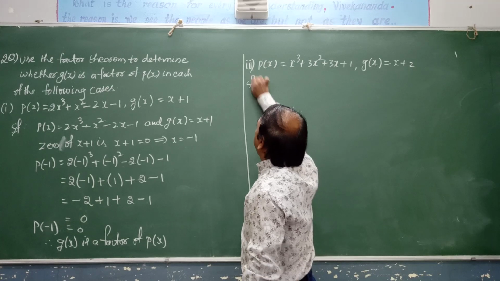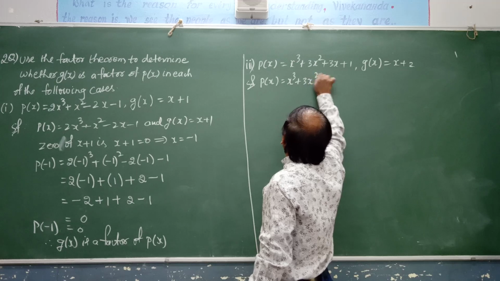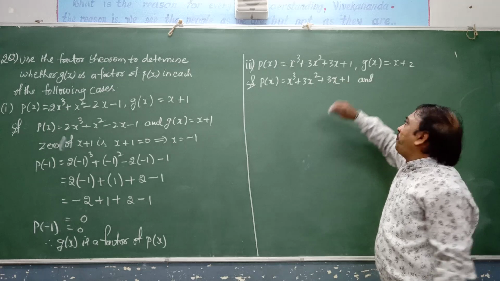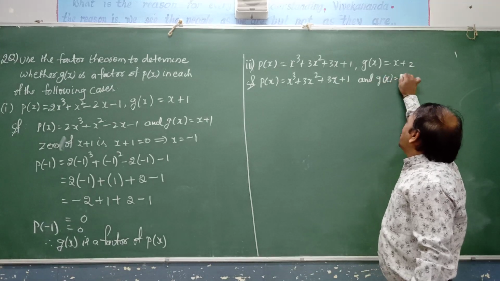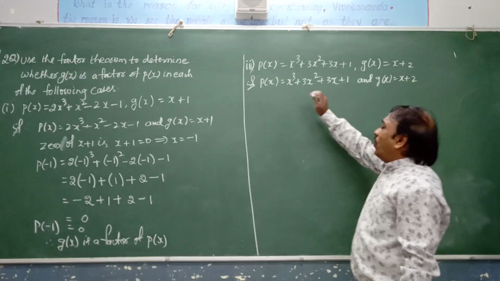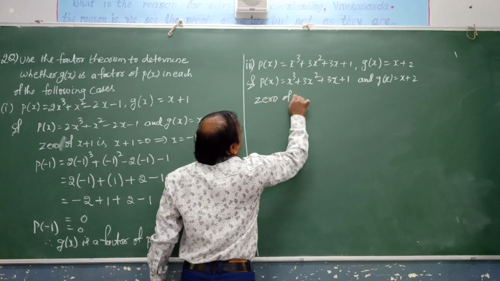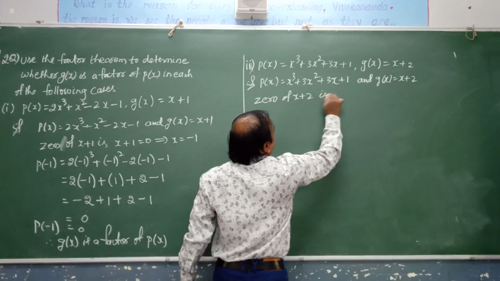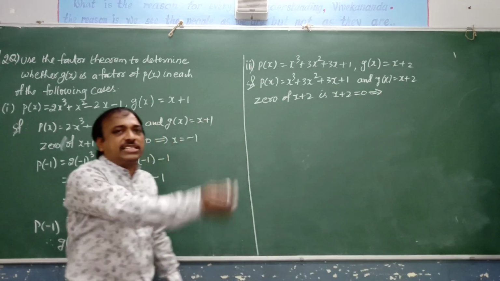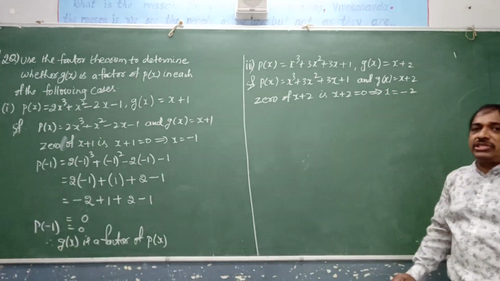Now, the zero of x plus 2: observe it, x plus 2 is equal to 0, which implies plus 2 transposed that side, then x is equal to minus 2.